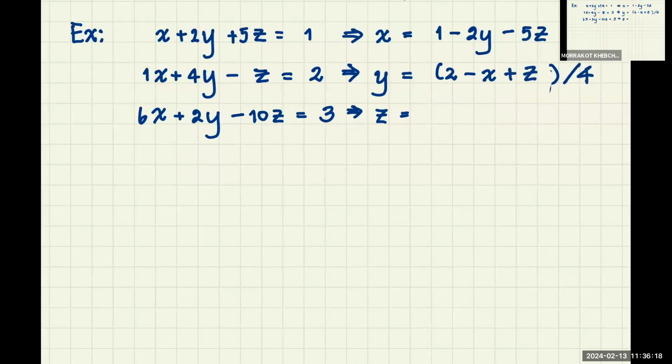Okay, that's right now. z is 3 minus 6x minus 2y, divided by negative 10. For this Jacobi method, we make the initial guess and plug it in.